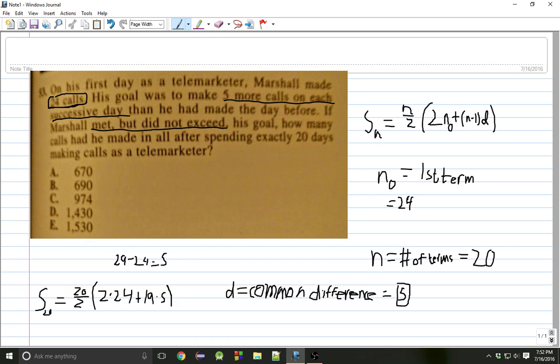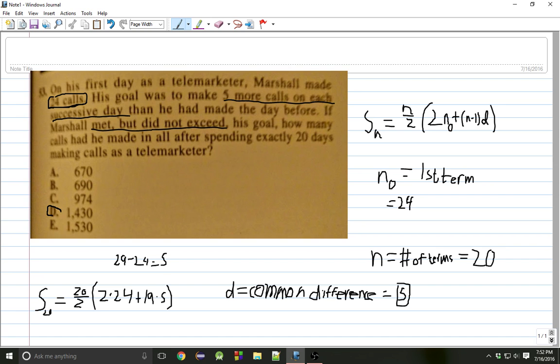Okay, so when we do this, just punch it into the calculator. I don't like doing this math without a calculator. So all you've got to do is 20 over 2 multiplied by 2 times 24 plus 19 times 5, 1430. Our answer is D, 1430.